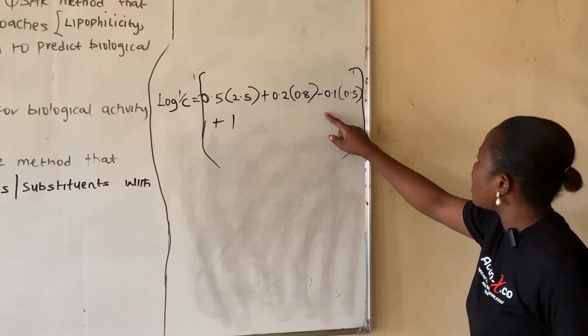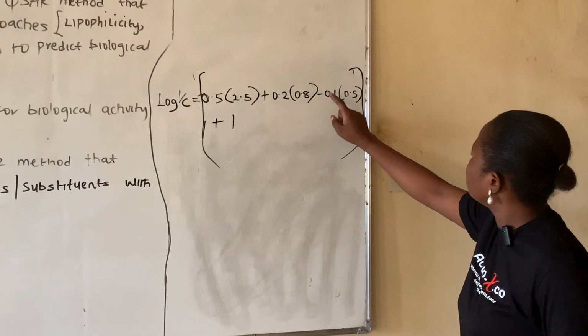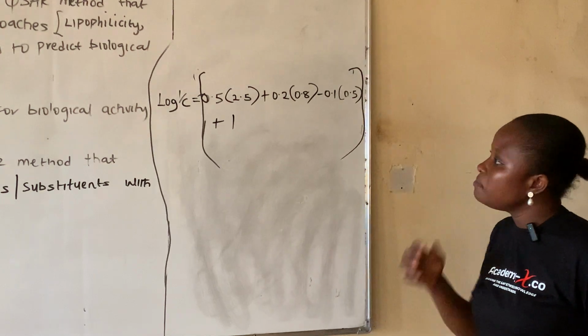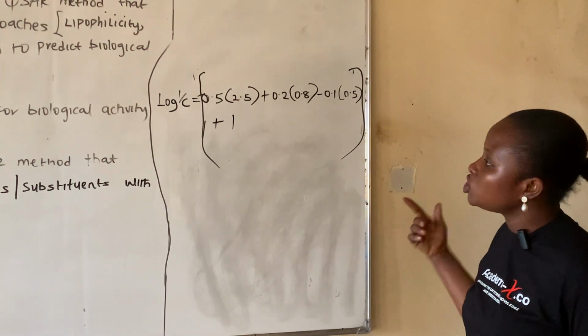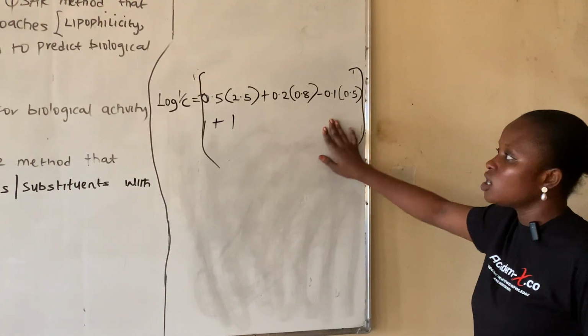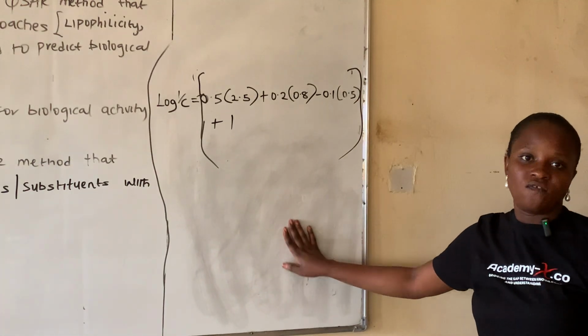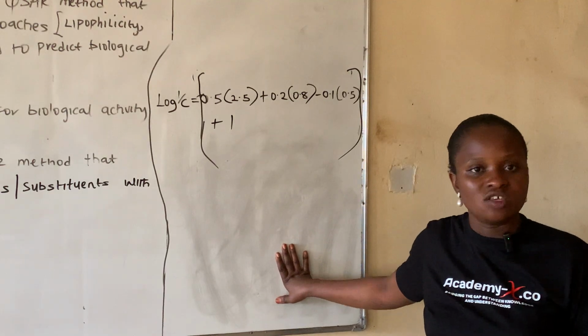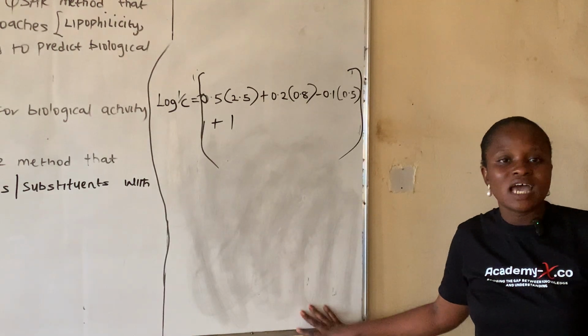And also in this place, we're having a negative value here, which is minus 0.1. So that means that there's an inverse relationship between the steric effect and the biological activity. And that will tell you that the higher the steric effect, the lower the biological activity. And you know, when we are talking of steric effect, we are looking at the shape and the size of the molecule.